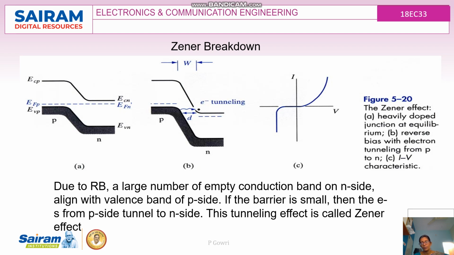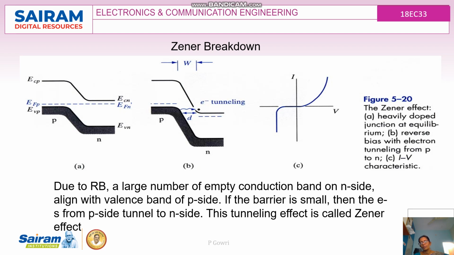So when I apply more voltage, the covalent bond will get broken and the free electrons will come out from the bond, resulting in electrons and holes. So we can say that Zener breakdown is a mechanism in which there will be a sudden increase in the current during the reverse biased condition.